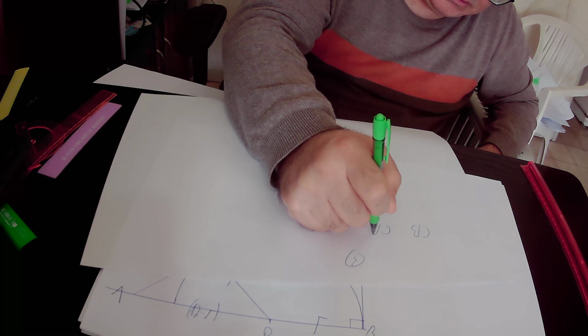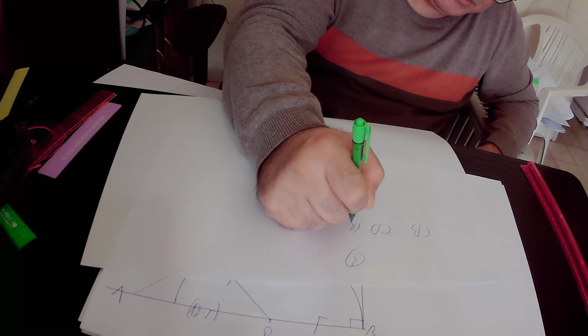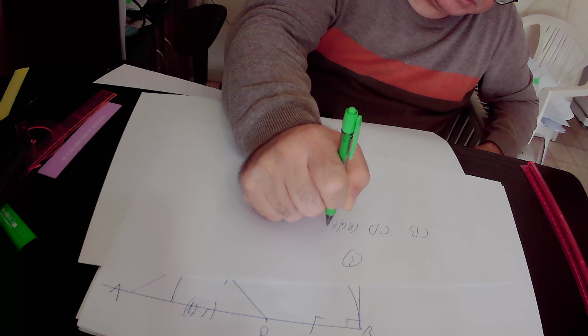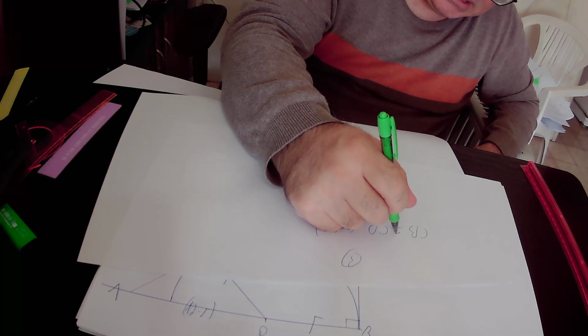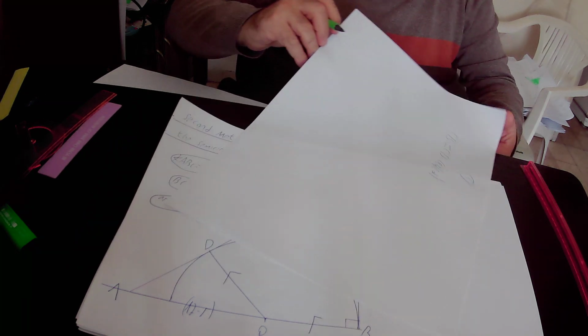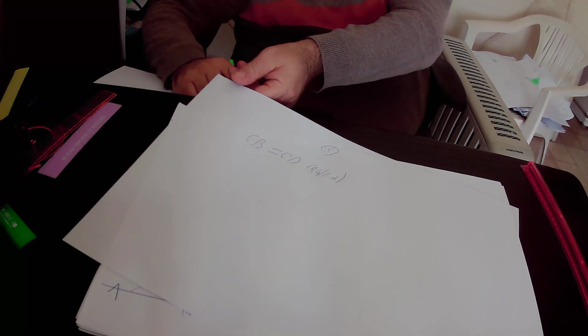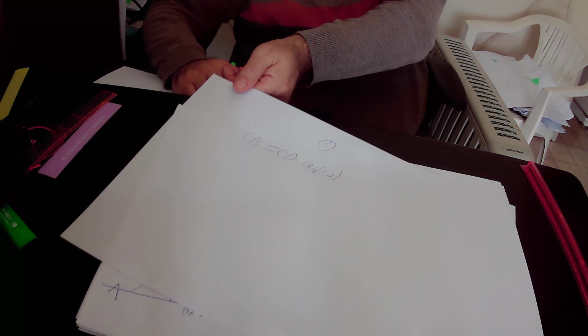According to rule number 2, the lengths of those two tangents are equal to each other. That is to say, CB equals CD.